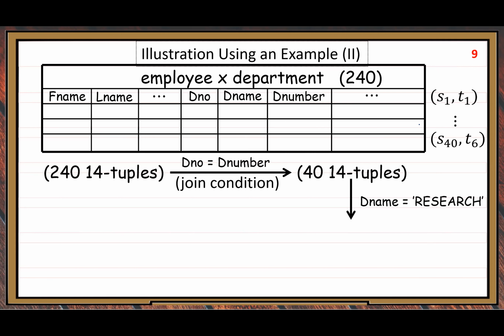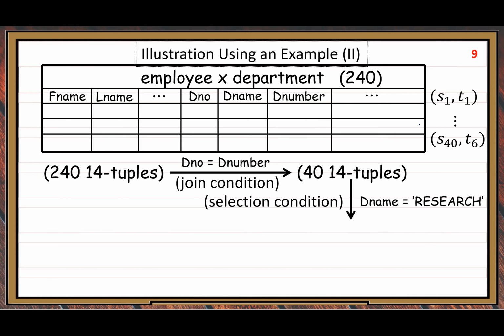Then we apply the selection condition, the second step. For the second step, we check the value of Dname, the department name, in the department table. So Dname equals Research. Only if the department name equals Research, we select it.